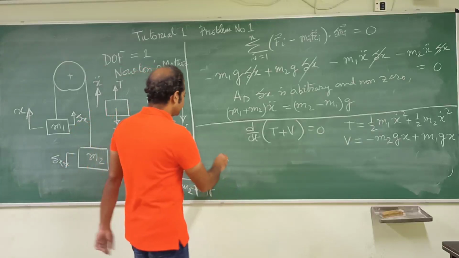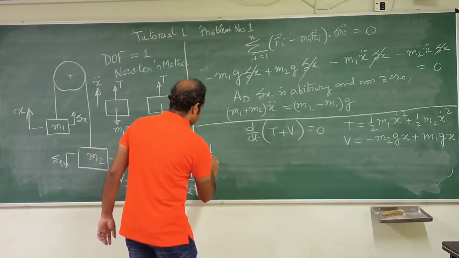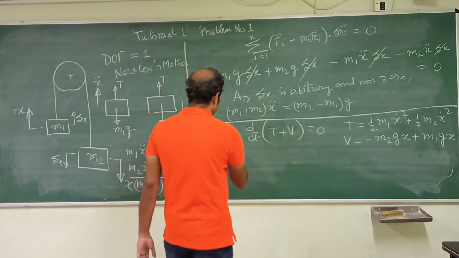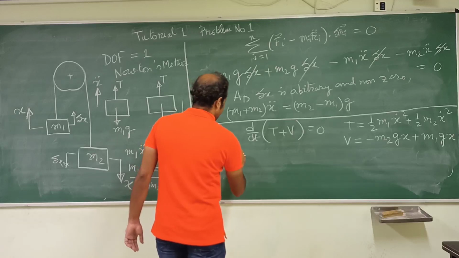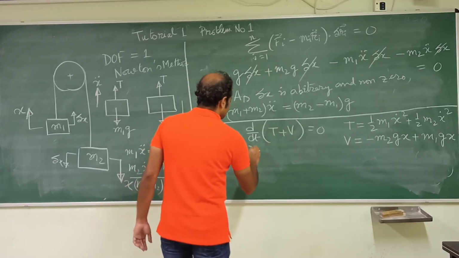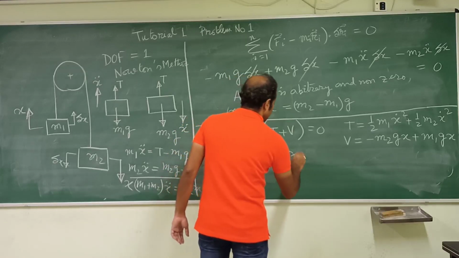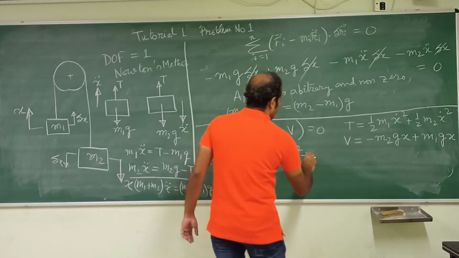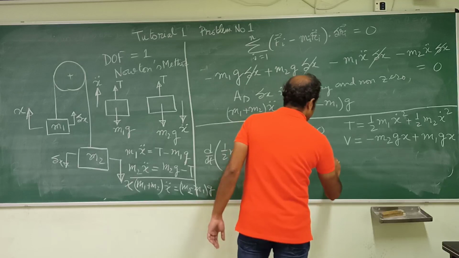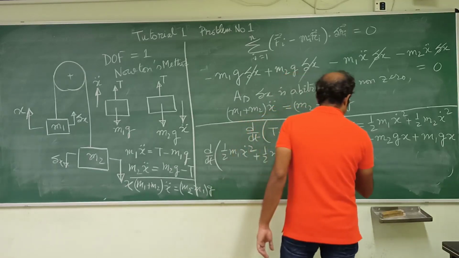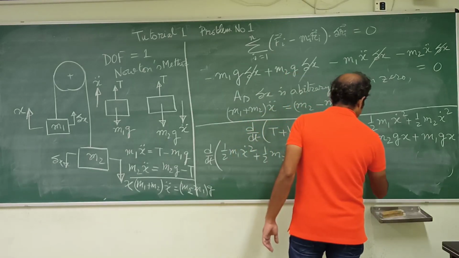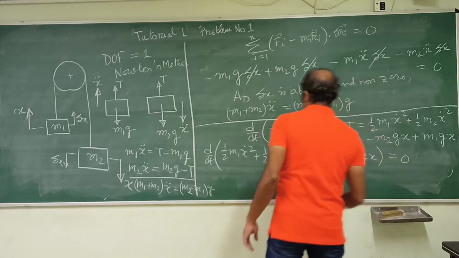Now put it in: d/dt of the whole term, half m1 x dot square plus half m2 x dot square minus m2 g x plus m1 g x, is going to be 0.